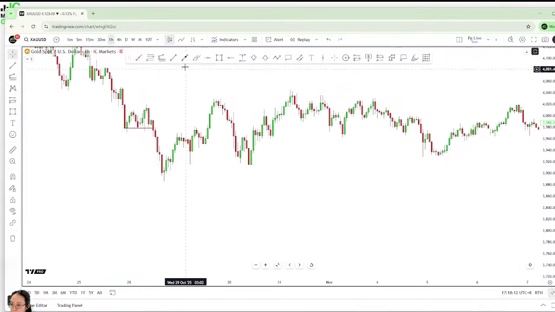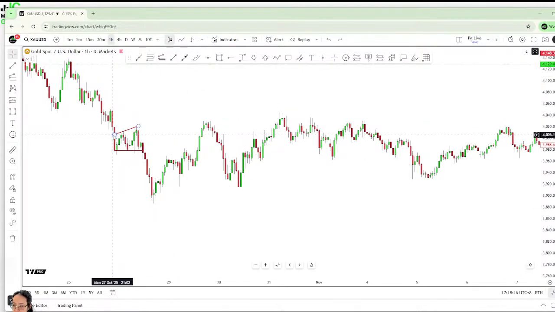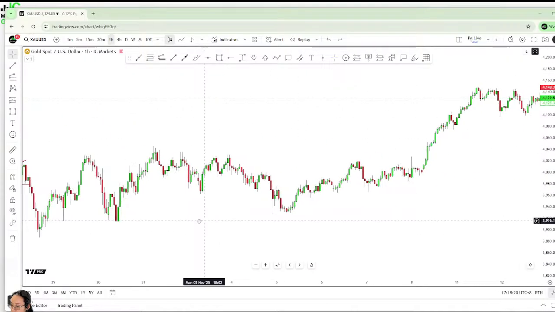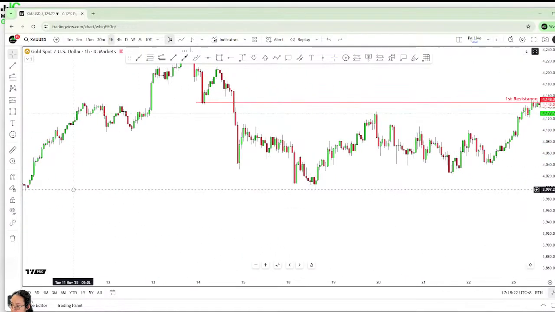Why is that? Before it is falling, right? This is the one, right? Now we're going to find the flag.